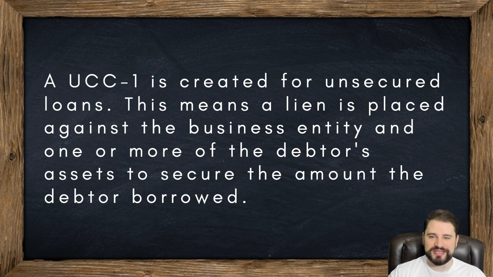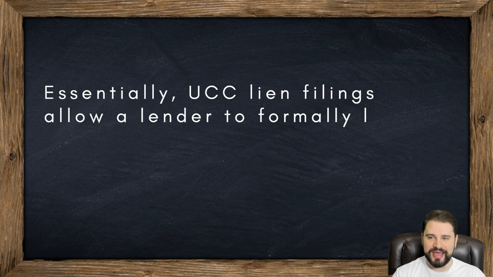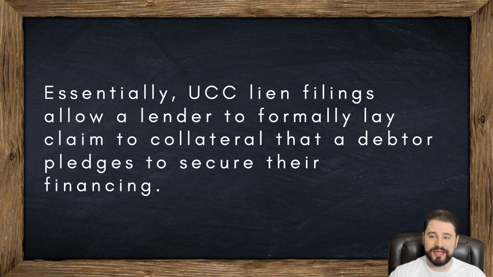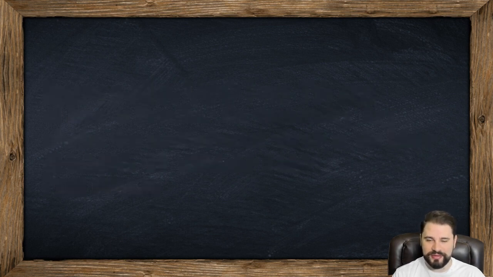This means a lien is placed against the business entity and one or more of the debtor's assets to secure the loan amount the debtor borrowed, right? So a little bit of an adjustment there, but it's basically the same thing, okay? Just to back it up again, the filing allows the lender to formally lay claim to collateral, right? Placing a lien, an actual piece of real estate, whatever it may be.